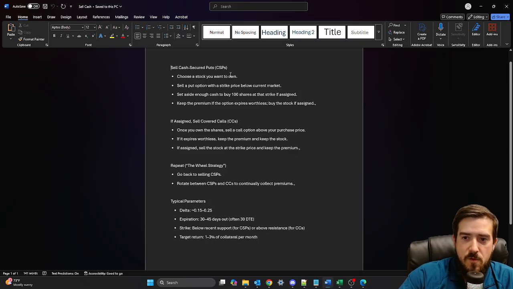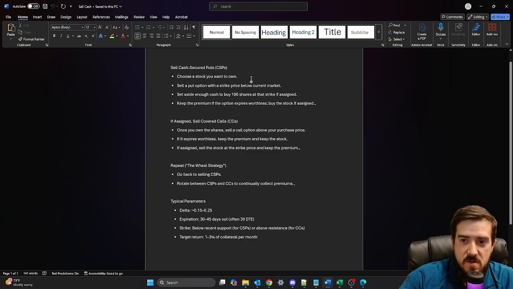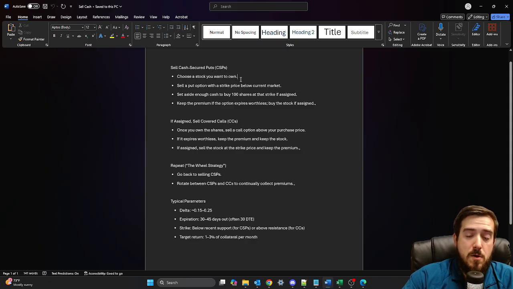So the first idea is you have to choose a stock you want to own. That can be anything from Webull to Robinhood to Coinbase, any stock that you are relatively passionate about, something that you wouldn't mind holding long term.